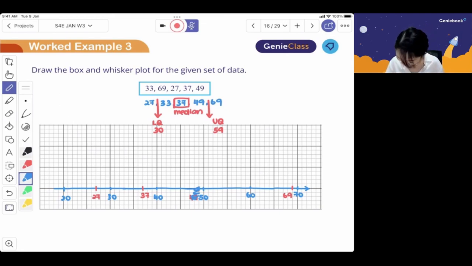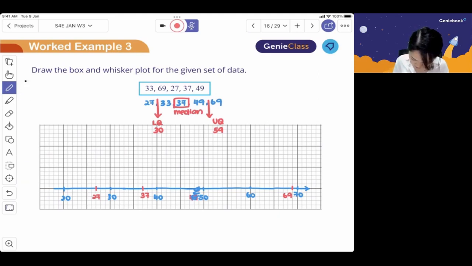Sorry. So we need to label the lowest value. Remember our five key values: our highest value, lowest value, lower quartile, upper quartile, and our median. These are the five things you need when drawing your box and whisker plot.